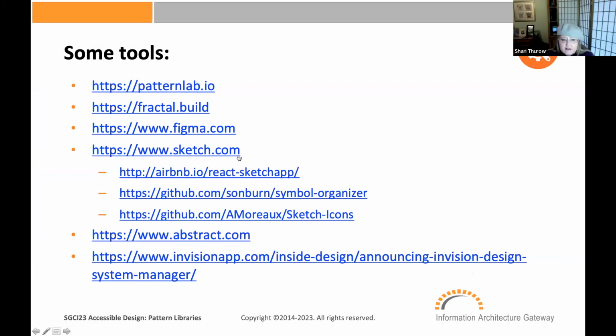Because if it's not accessible to both humans as well as the technologies that the humans use, then the site is not going to be viewed as trustworthy. And we definitely want that to be one of the top things people view your site as. So that's that.